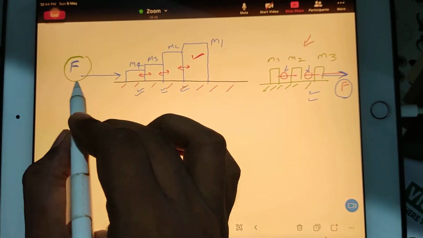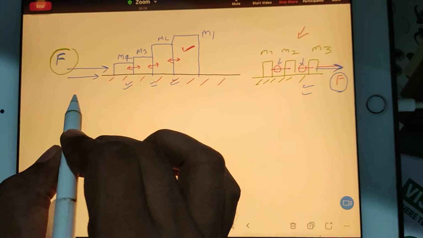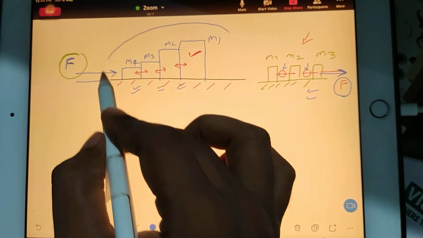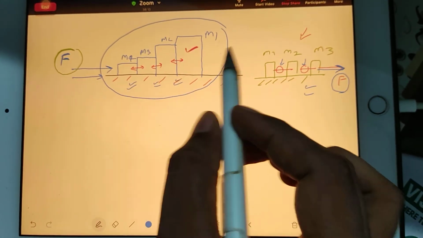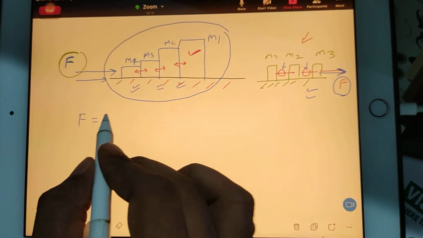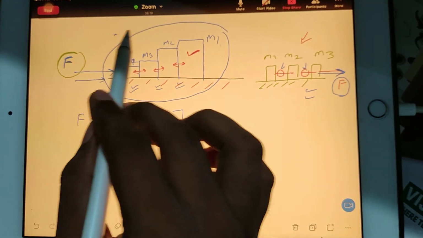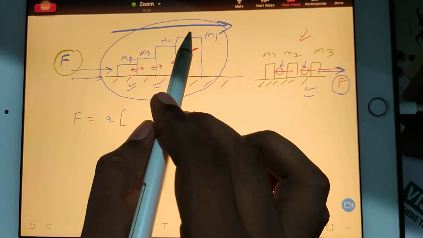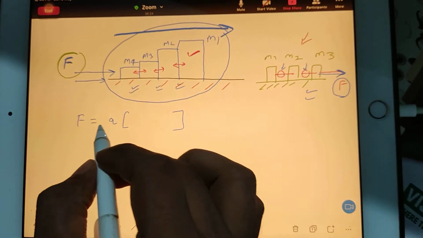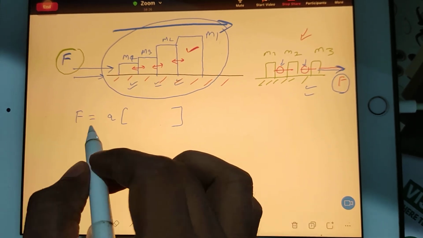When you are applying the force F, this force will push the entire system. So this force is producing acceleration in all the masses, and all the masses will move in this direction with a common acceleration, right? You know the basic formula of force, F is equal to m into a.